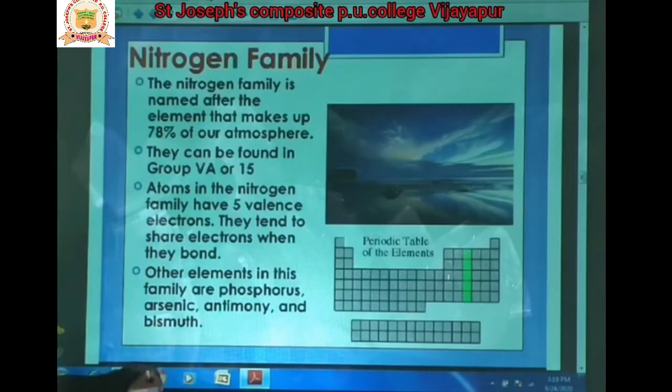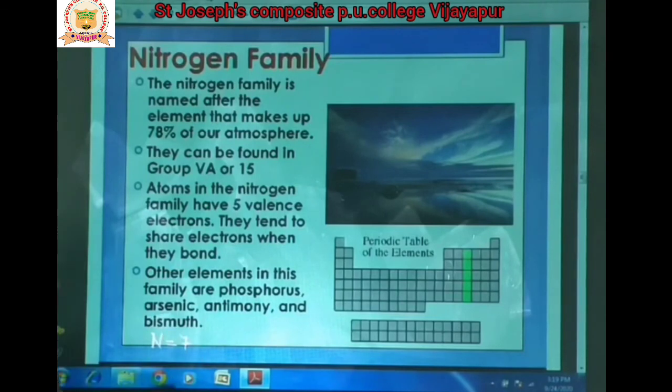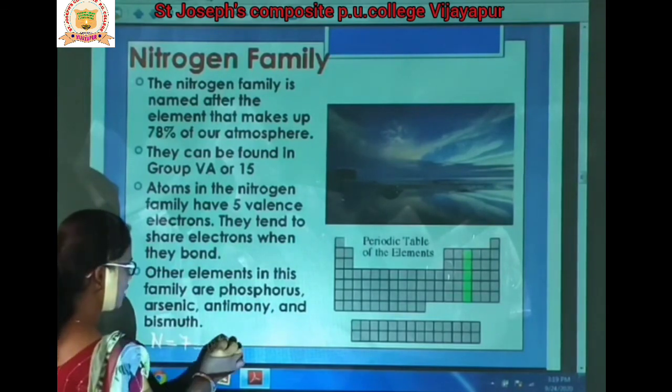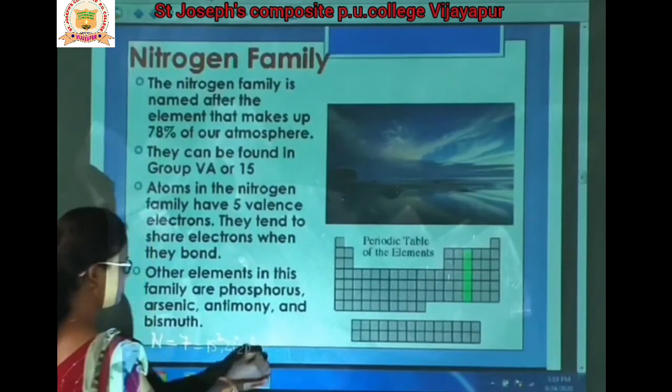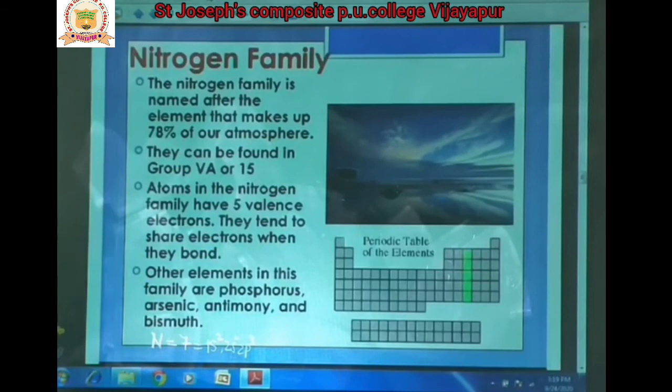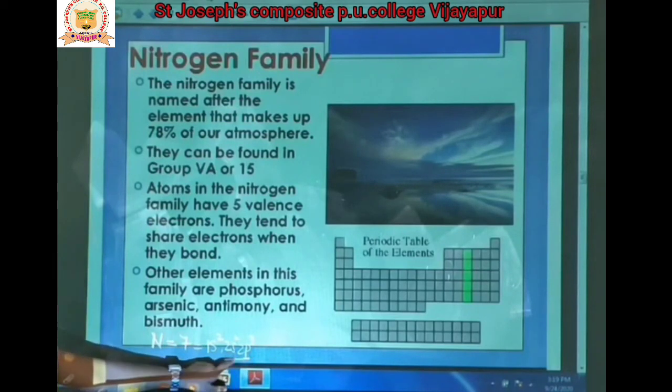How is it? Take an example of nitrogen. The atomic number of nitrogen is 7. Here 7 means 1s2, 2s2, 2p3. Here the valence shell is the second shell. It consists of 2 plus 3, 5 valence electrons. But in order to explain the stability, it gains 3 electrons.